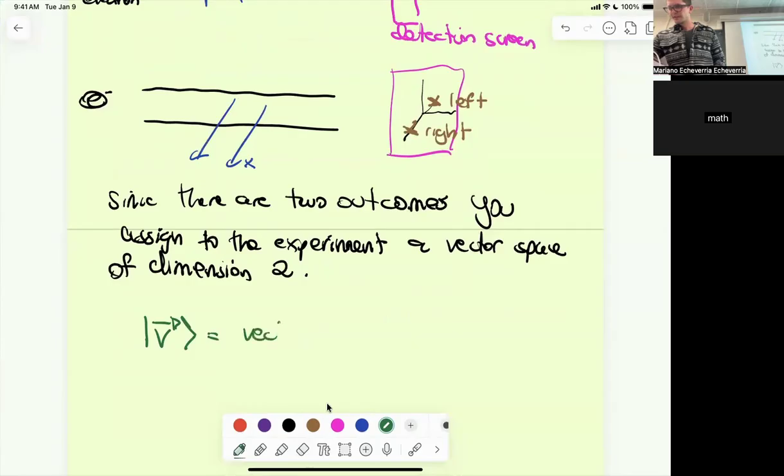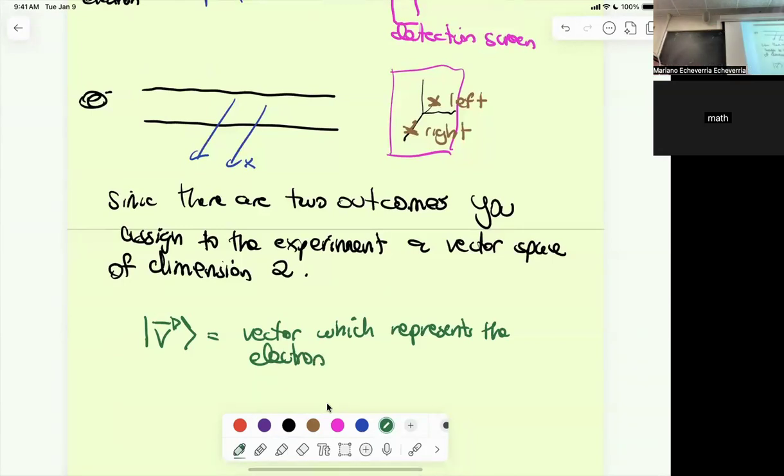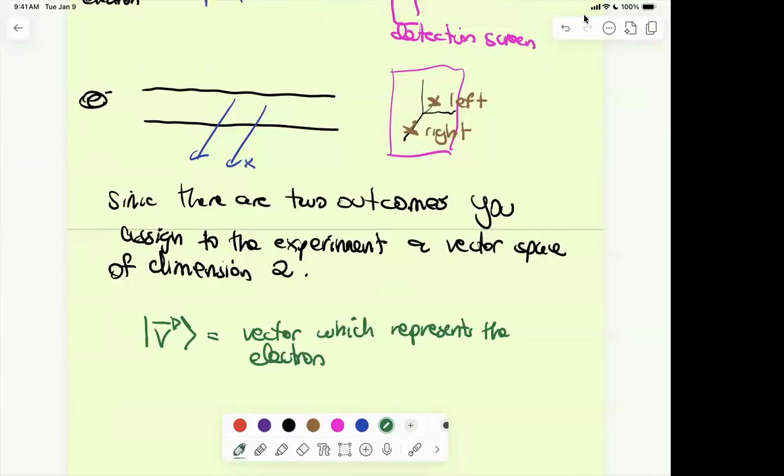So this is the vector which represents the electron.